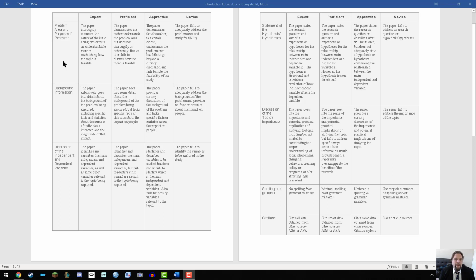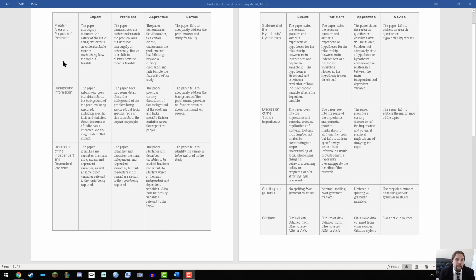And then, of course, we have spelling and grammar and citations as other major components in determining the grade of individuals. I will take off quite a few points for a lack of appropriate citations. I don't think an A paper, even if it has all the good components, is an A paper without adequately citing anything that requires citation.